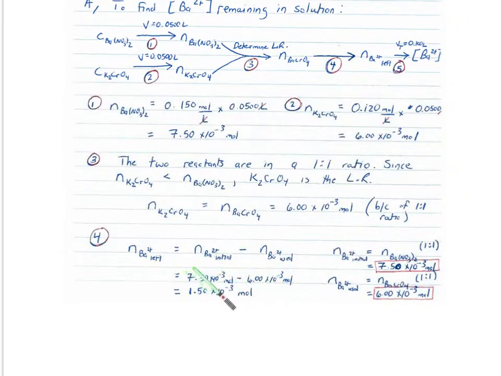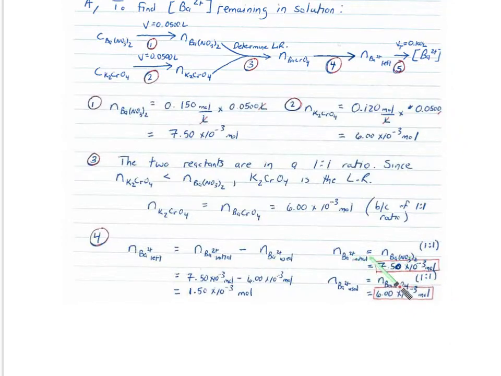But here's where it takes a turn. From this, I need to find out how many moles of barium remain in the solution. To do that, I'm going to take the number of moles of Ba2+ that were initially in there and subtract the number of moles of Ba2+ that were used. The number of moles of Ba2+ that were present initially is quite simply equal to the number of moles of barium nitrate that was present in the initial solution.